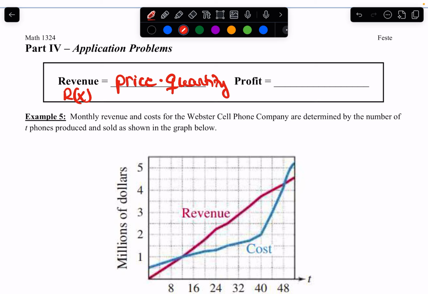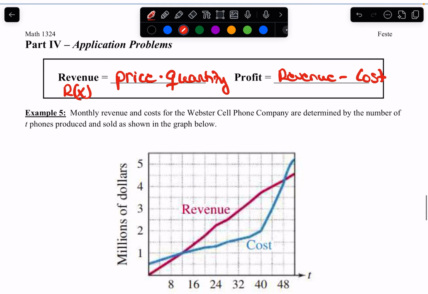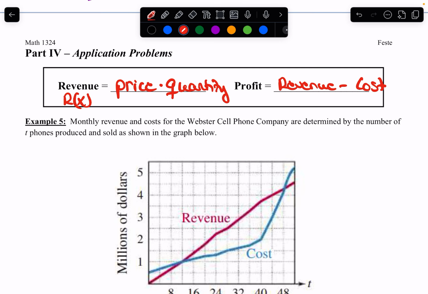Now, profit is revenue minus the cost, right? We take the cost away from what we earn, and that's our profit. Profit is usually marked as P of X, and revenue is R of X, and the cost function is C of X.